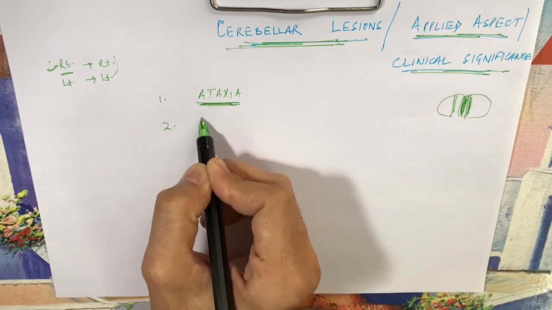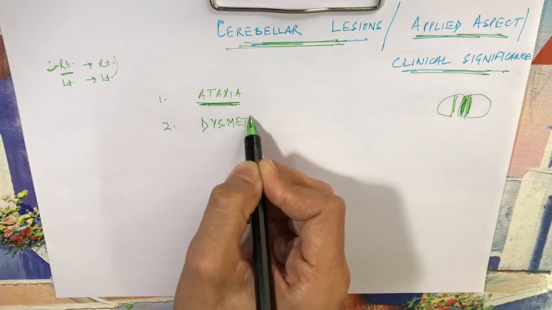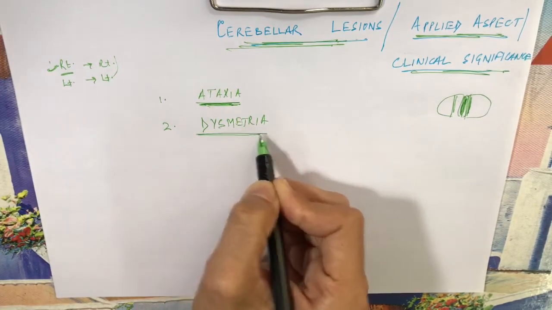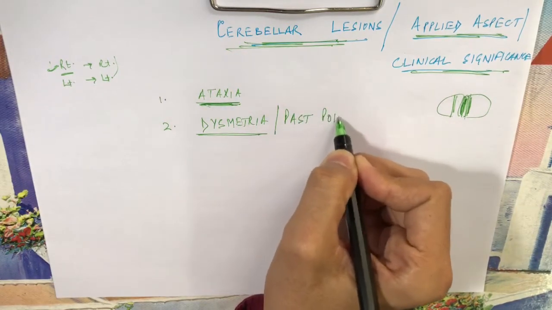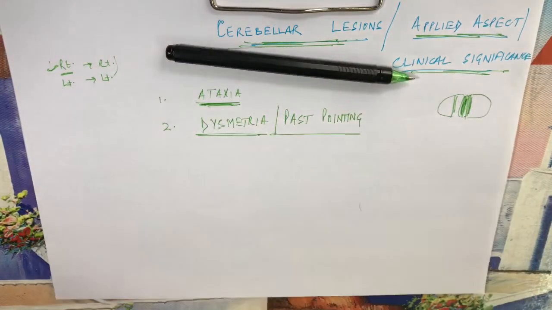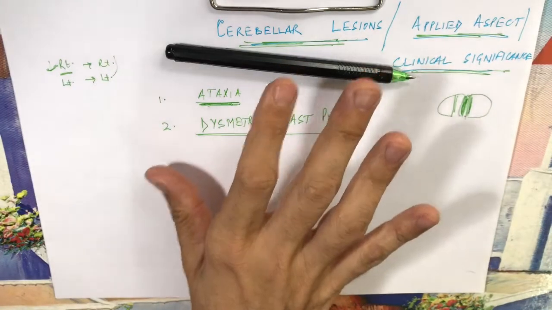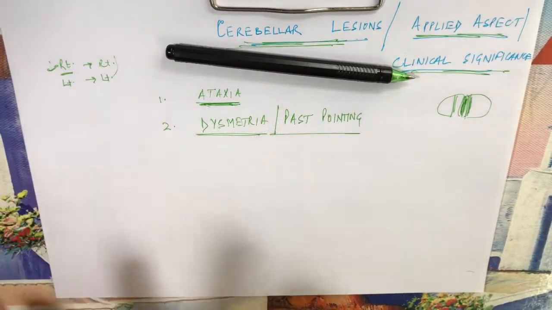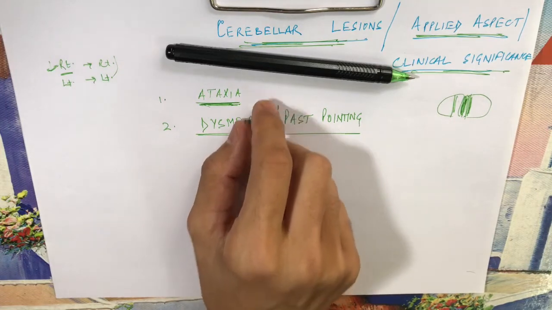The second one is dysmetria, or past pointing, like the example I gave you of picking up the pen. If my comparator function and dampening function are working properly, then the sequence of movement will be appropriate.